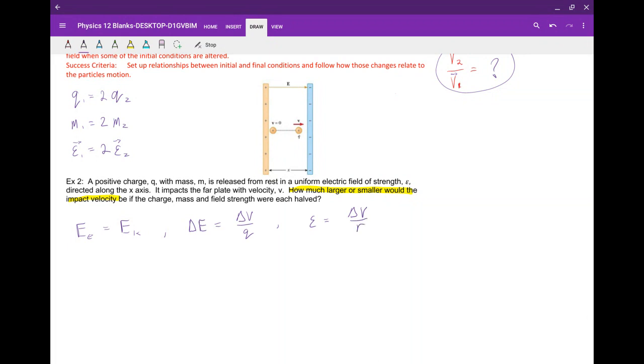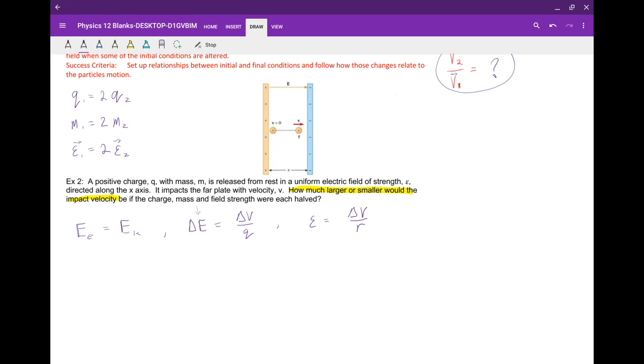Essentially, I'm going to play around with some of these things. This is going to be the electrical potential energy that the particle uses as it moves through the field.